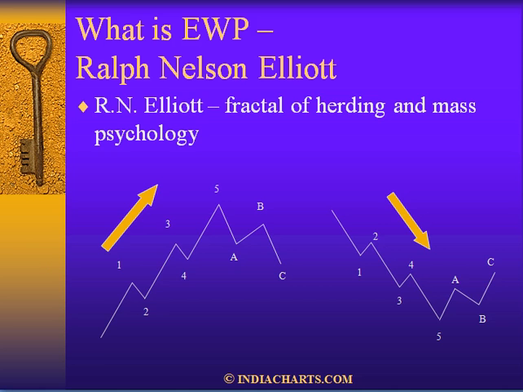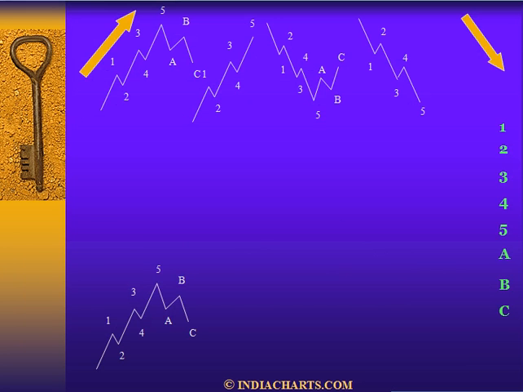And I'll try to explain now what we mean by all degrees of time. So if we are looking at, let's just presume that we are looking at a daily chart and we see the development of 1, 2, 3, 4 and 5, and then we get an ABC. What happens next? So essentially the sheer existence of that, that you spotted 1, 2, 3, 4, 5, means that the trend is in that direction.